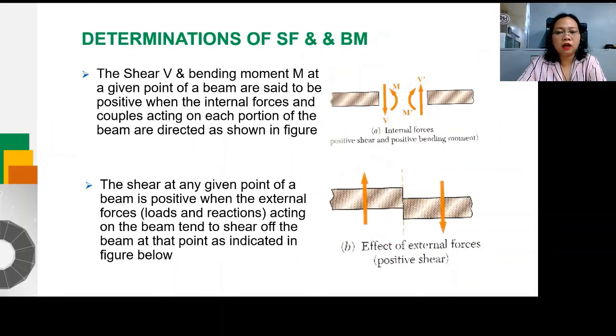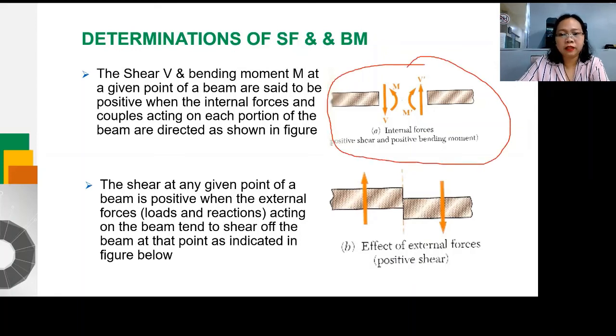Determination of shearing force and bending moment. The shear and bending moment at any given point of the beam are said to be positive when the internal forces and couples acting on each portion of the beam are directed as shown in this figure.